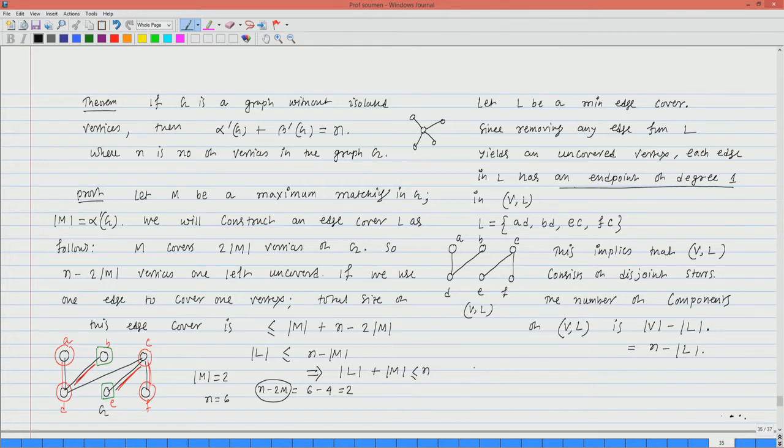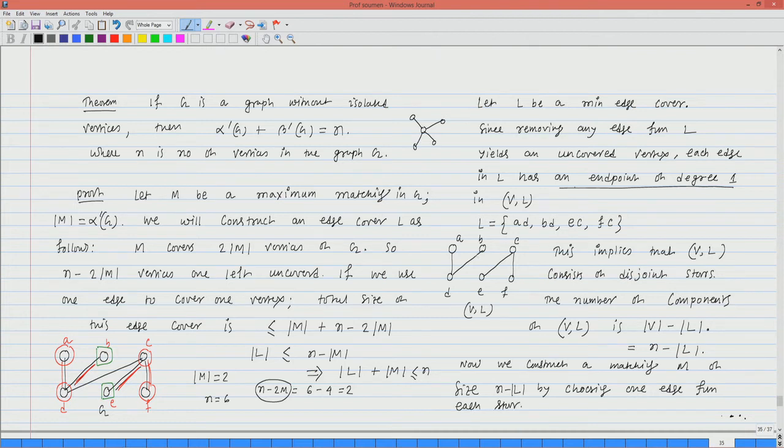Okay. So, now what we do is we construct a matching M of size n minus L by choosing one edge from each star.